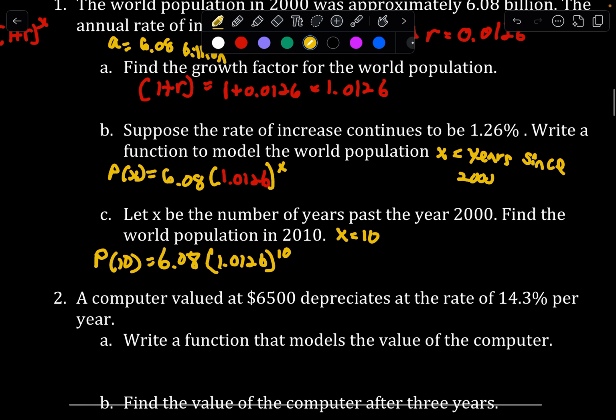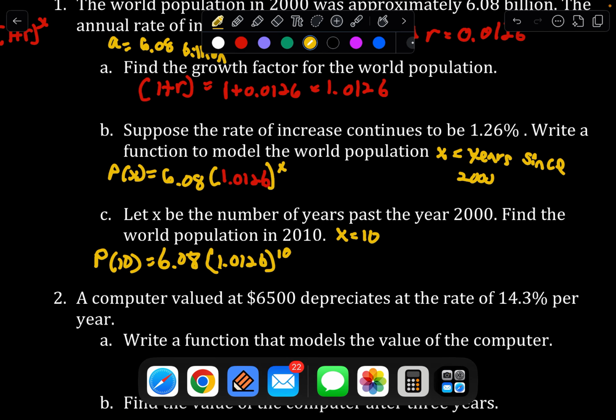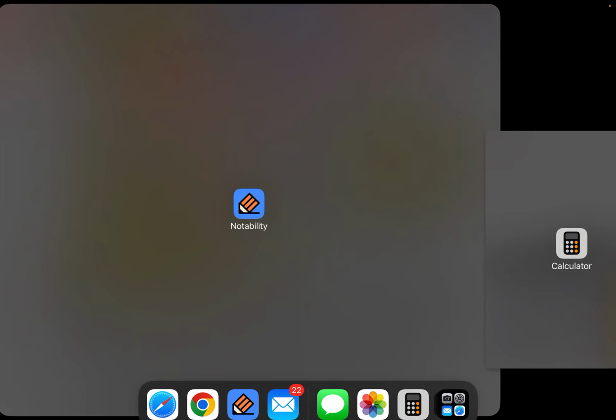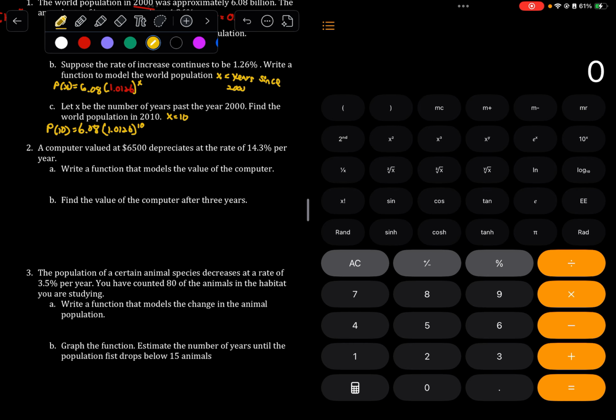So how do you calculate this? Obviously, you need a calculator. So you have a calculator for the quiz. I'm going to clear this out, and I'm going to type in 6.08 times our growth factor of 1.0126 raised to the 10th power.